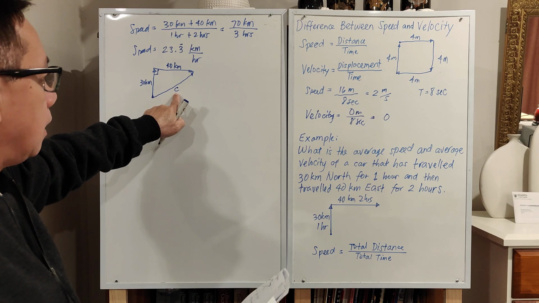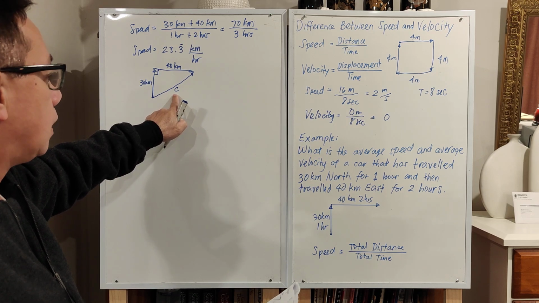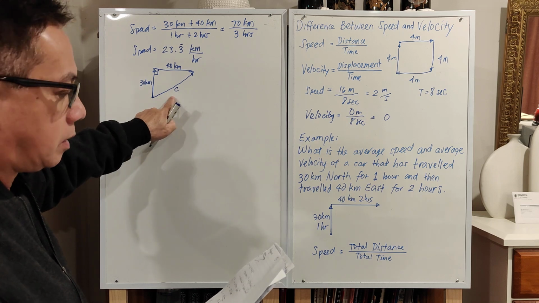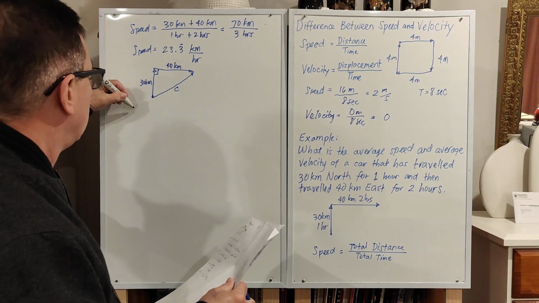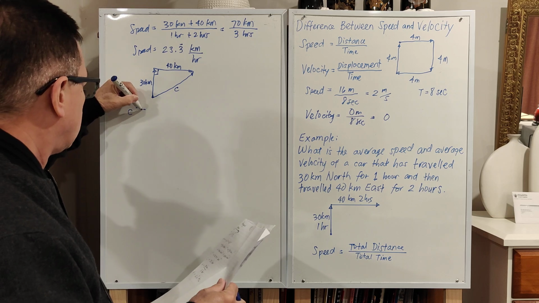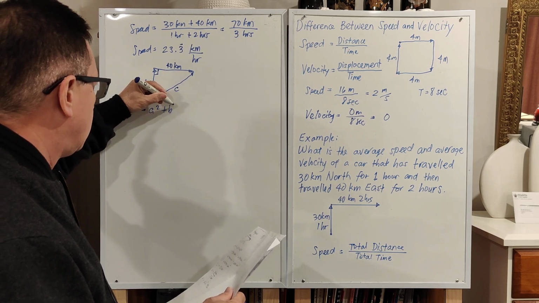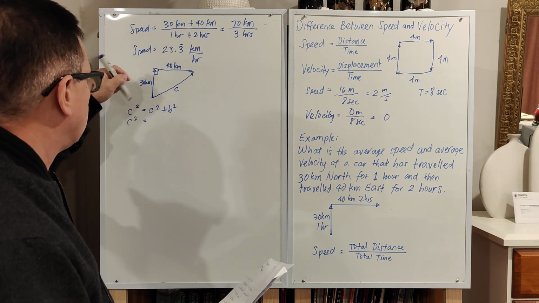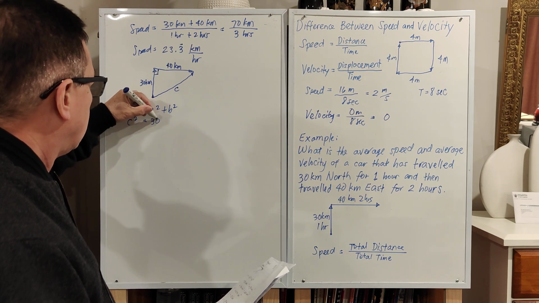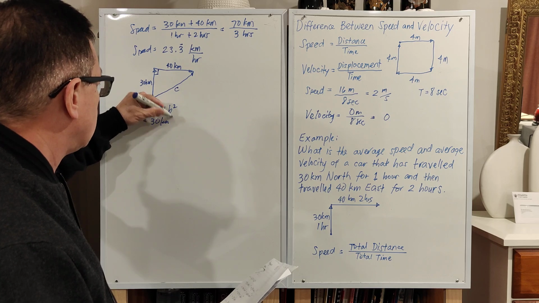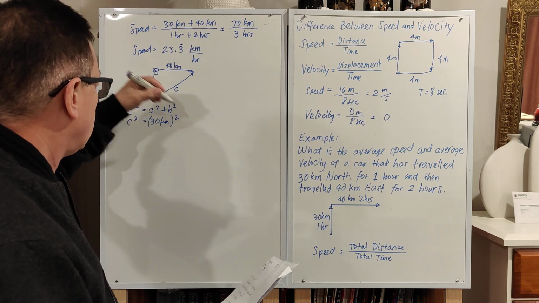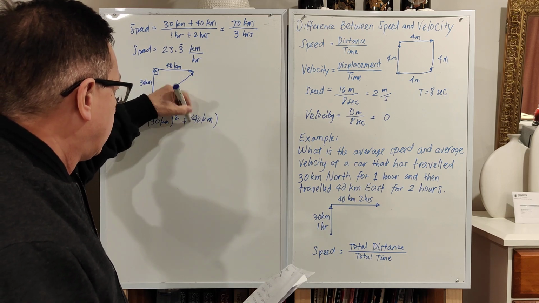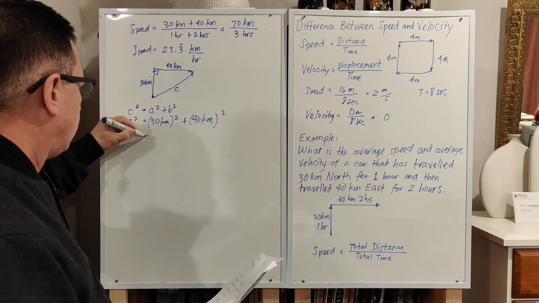Now to get the length of C, we can use the Pythagorean theorem to solve for C. C squared is equal to A squared plus B squared. C squared is equal to 30 kilometers, the quantity squared, plus 40 kilometers, the quantity squared.